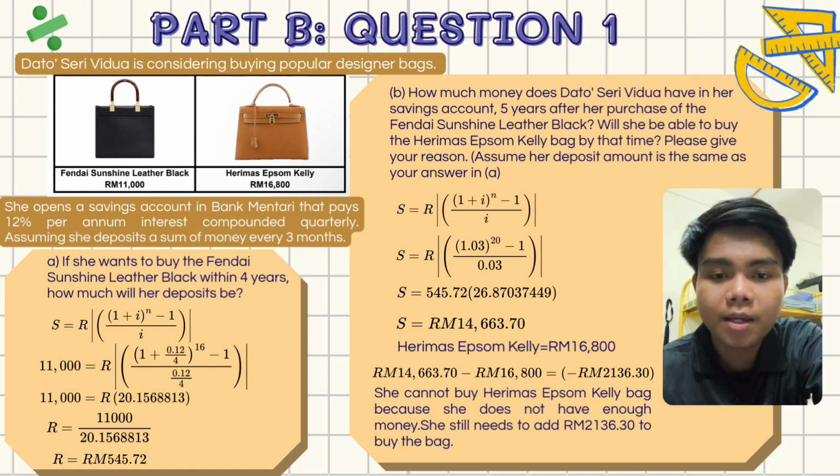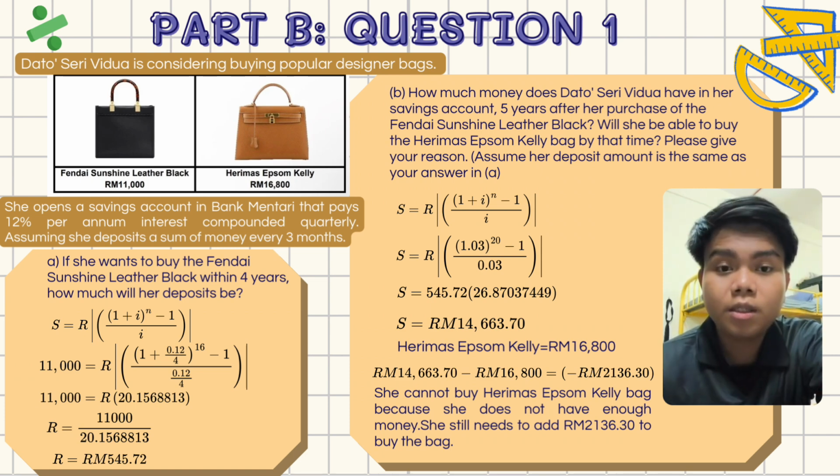Divide that by I, 0.604706439 divided by 0.03 equals 20.156813.